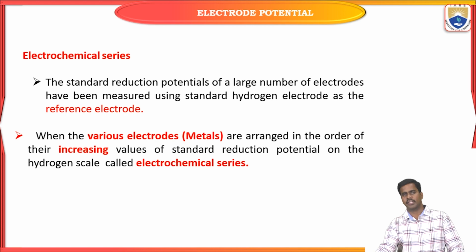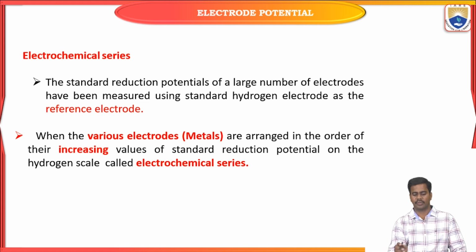On the basis of electrode potentials, we can design a series that is known as the electrochemical series. So let us see what the electrochemical series is. The standard reduction potentials of a number of electrodes have been measured using the standard hydrogen electrode as the reference electrode.